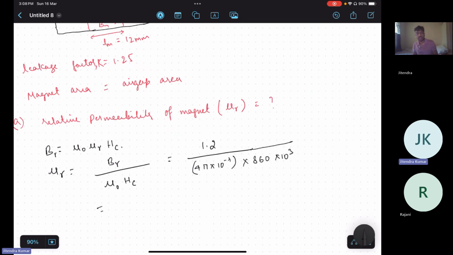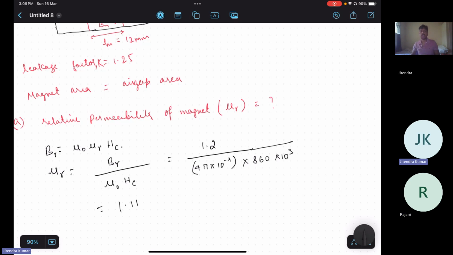From here, whatever value comes will be the value of mu r. Okay, the value is 1.11.